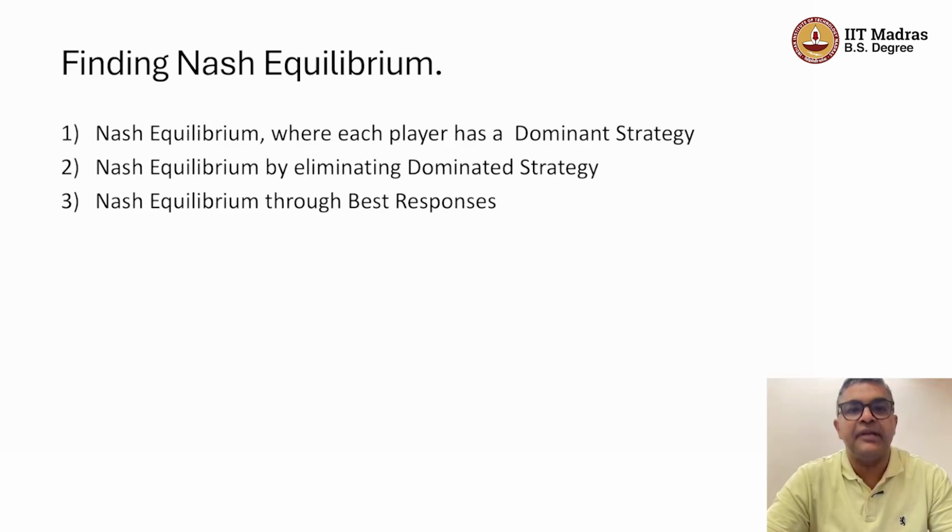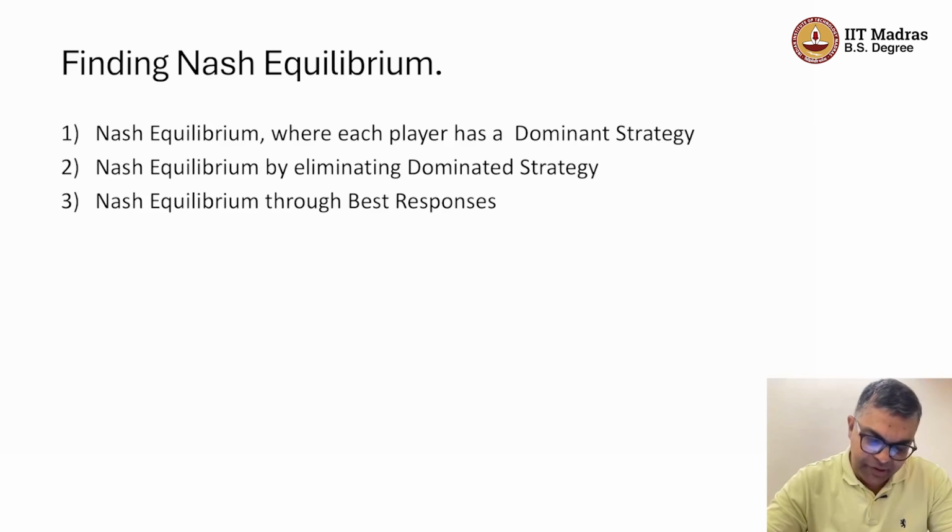Next thing would be that we can obtain Nash equilibrium by eliminating dominated strategy, and when we are eliminating only strictly dominated strategy, then we get a very clean result. If we get the solution by iteratively eliminating strictly dominated strategy, that solution must be a Nash equilibrium. In case of elimination of weakly dominated strategy, we have to be careful.